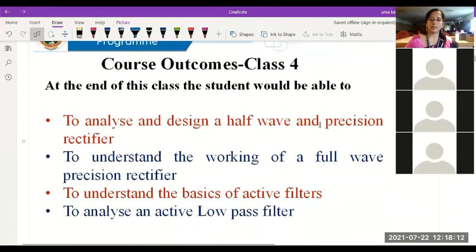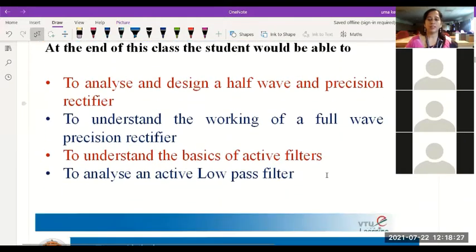The outcomes of today's class would be to analyze and design the circuit of a half-wave precision rectifier, to understand the working of half-wave and full-wave precision rectifier, and if time permits, we'll move on to understand the basics of active filters.